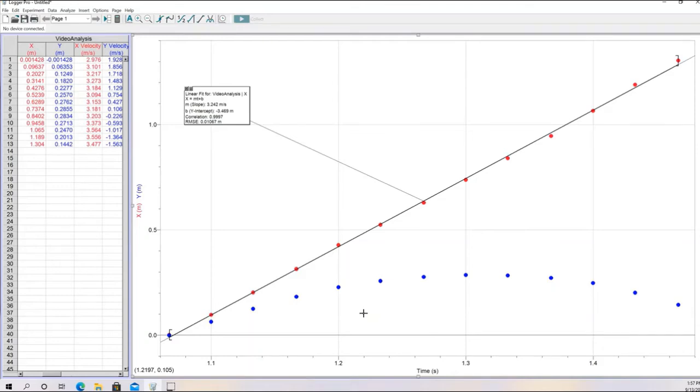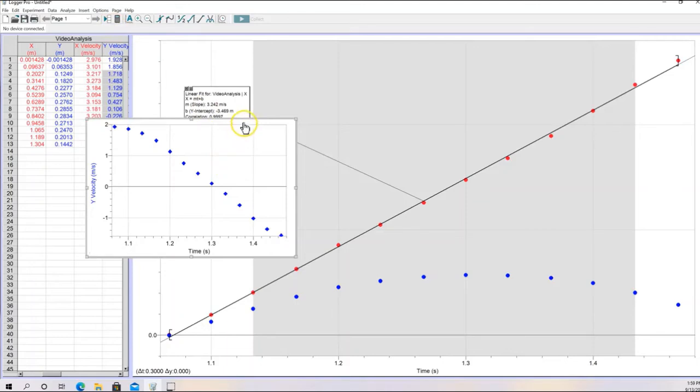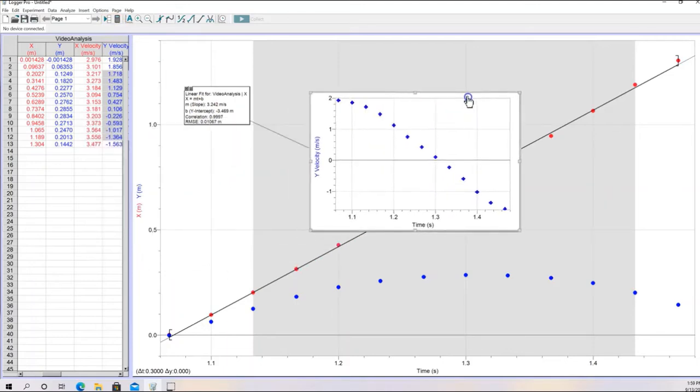Now think for a moment what you think the vertical velocity graph should look like if this is indeed a parabola. In other words, it has the same shape as something moving in free fall in one dimension. Now the program is very clever. If I say insert graph, it knows that I want a vertical velocity versus time graph here.